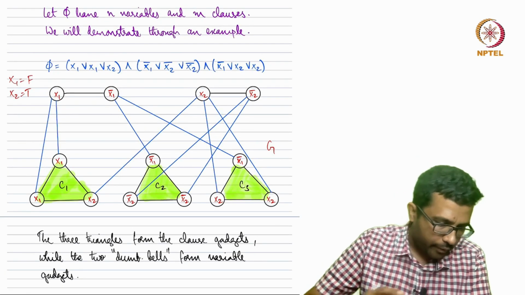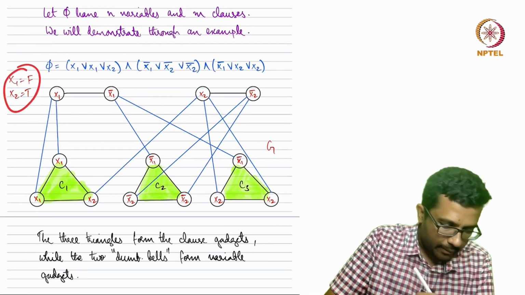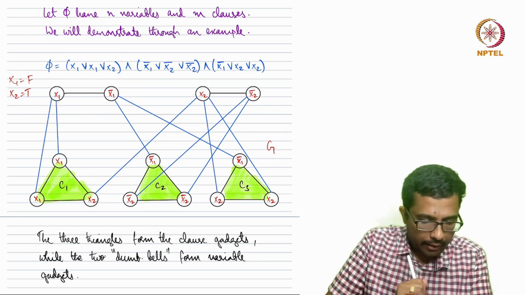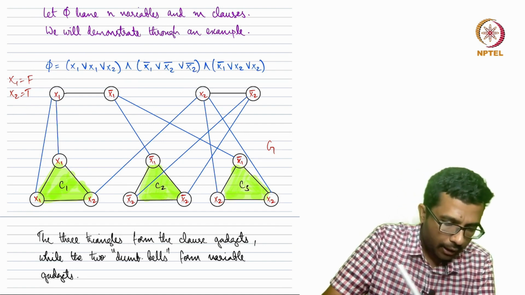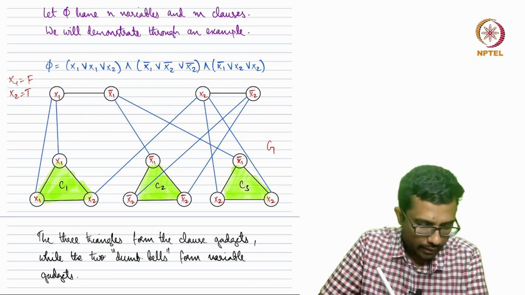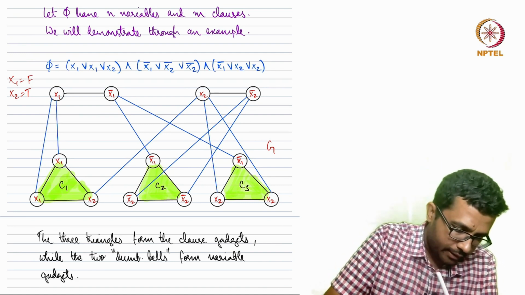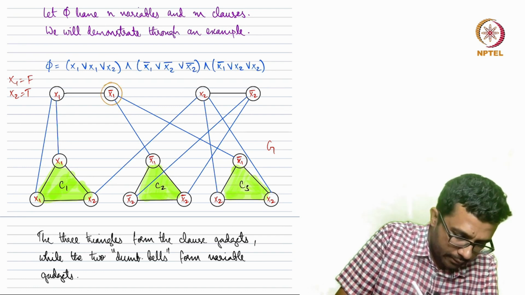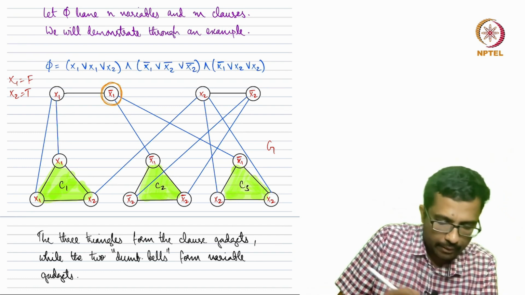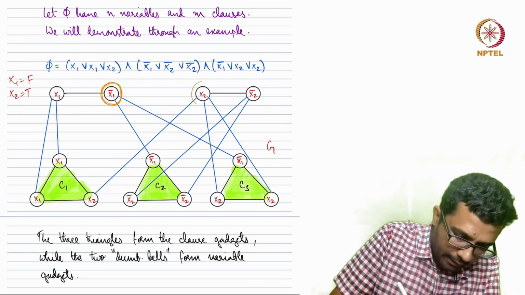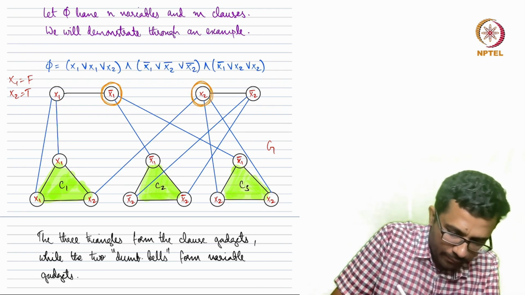So in this case the formula is satisfiable, with x1 false and x2 true, right? Now I'll explain how to pick using the satisfying assignment. Maybe I will use a different color. So x1 is false, so we pick this x1 complement from the variable gadget. x2 is true, so we pick x2 from the variable gadget.